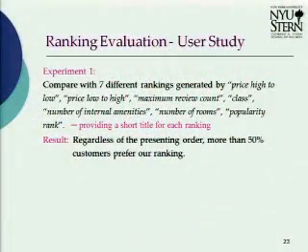After we get this list, we want to know how good our ranking list is. So we conducted a user study to evaluate our ranking. First, we generate 7 other different rankings using current techniques, including price high to low, price low to high, maximum review count, number of stars, number of internal amenities, total number of rooms, and popularity rank.